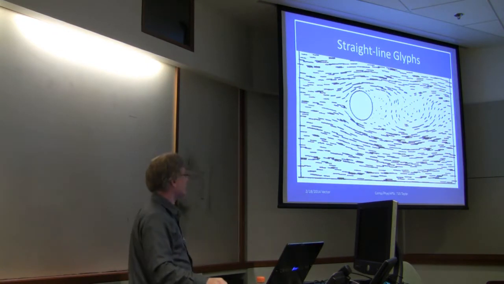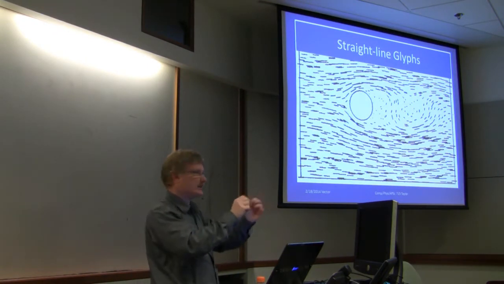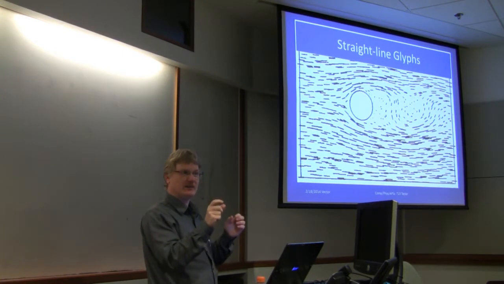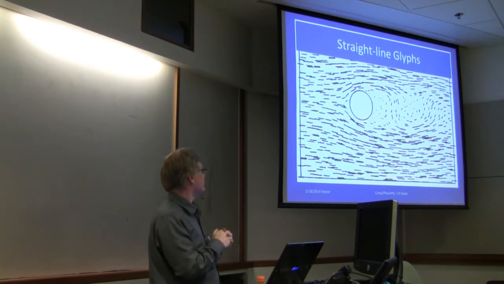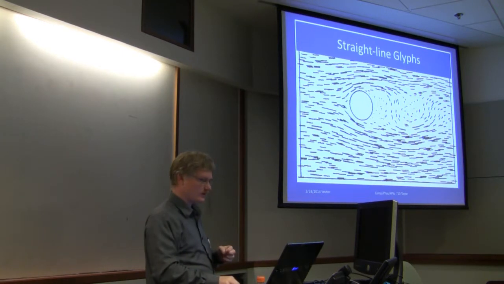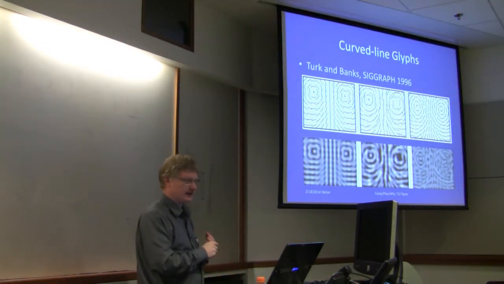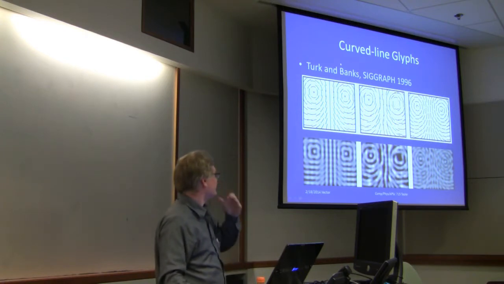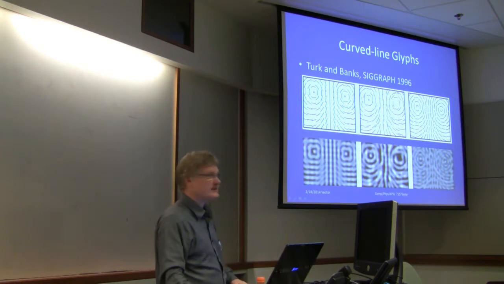All right, so these are straight line glyphs. They're just local oriented things. These are longer when the magnitude is greater, but they don't have an arrowhead to show you direction. And these are curved line glyphs, and these are basically uniform in length. Again, these are uniform spacing, random spacing, and then optimized spacing.